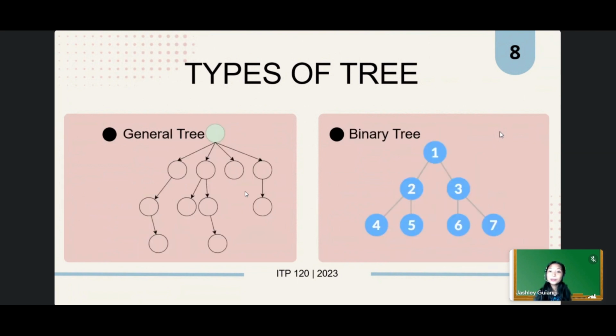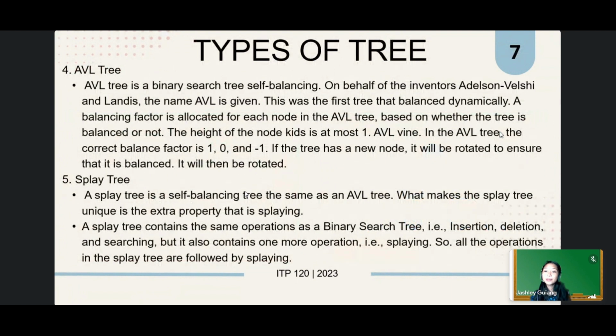And then last but not least, we have the splay tree. A splay tree is also self-balancing, same as the AVL tree. What makes the splay tree unique is the extra property, which is splaying. A splay tree contains the same operations as a binary search tree: insertion, deletion, and searching, but it also contains one more operation, that is splaying.